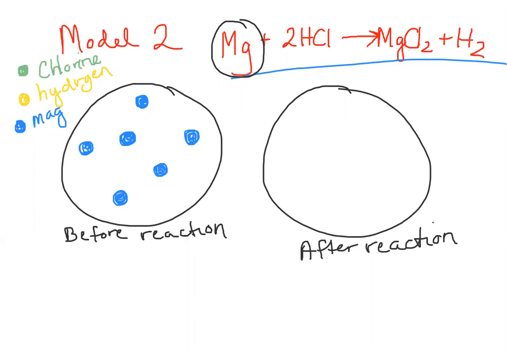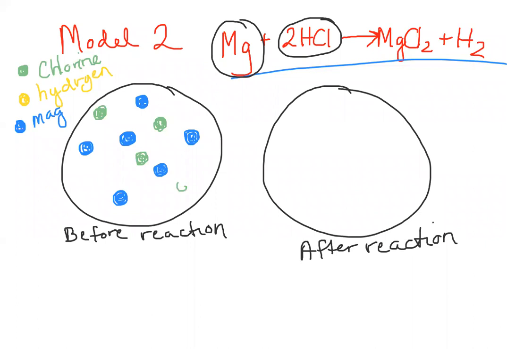So, and before a reaction, we have HCl. So we have 1 H for 1 Cl. So we're going to have to put chlorine, and they have 1, 2, 3, 4, 5, 1, 2, 3, 4, 6.